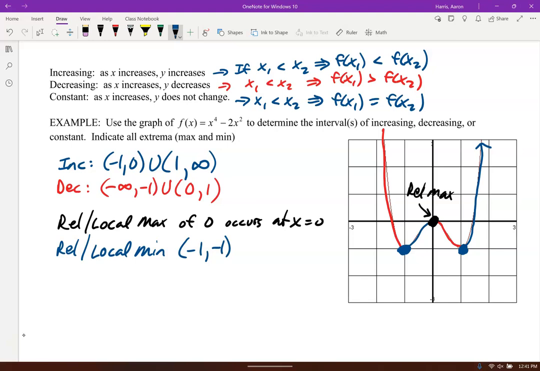So the relative min of -1 occurs at an x value of -1, and it occurs at an x value of 1. Well, these are also absolute. This is actually the absolute min. They're not only local minimums, they're also absolute, meaning the lowest point on the entire domain, right?